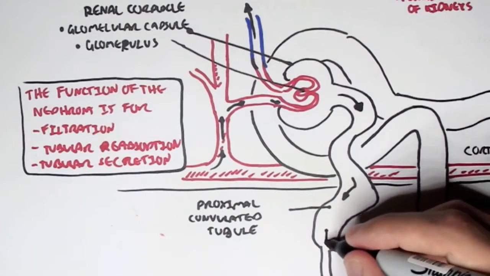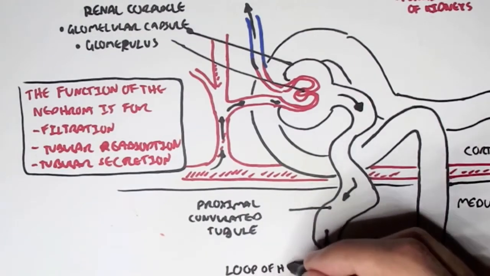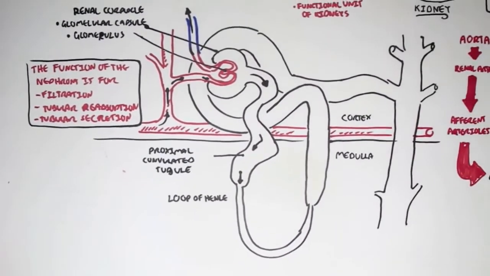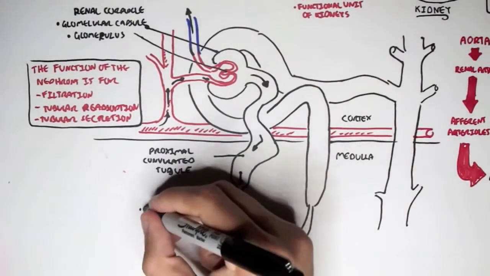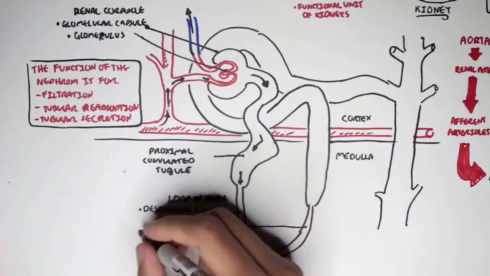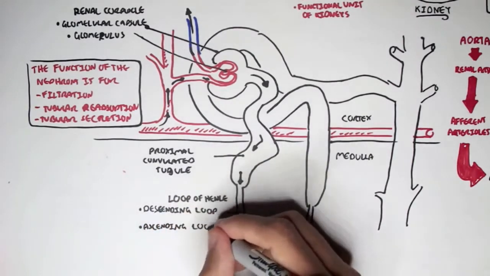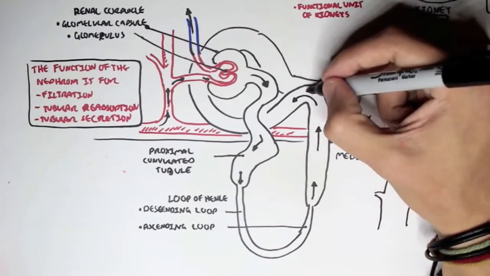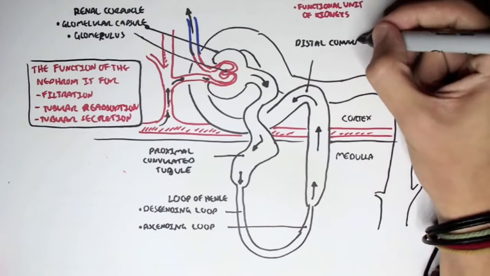The first part it travels down through is called the proximal convoluted tubule, which then travels to the loop of Henle, this big loop. And the loop of Henle consists of two parts, the descending loop and the ascending loop of Henle. The ascending loop of Henle will then form the distal convoluted tubules, where the blood will still be traveling.